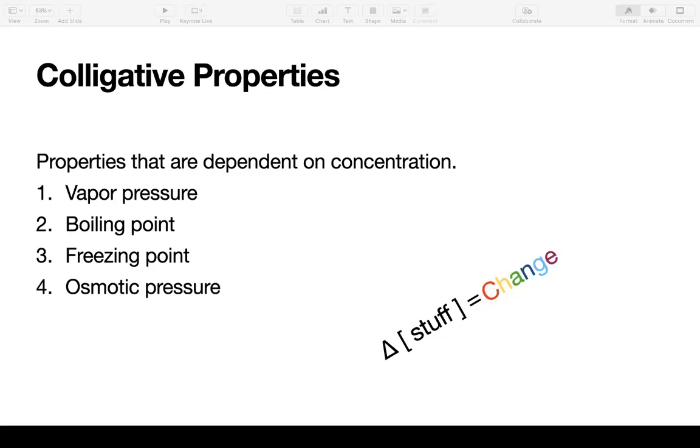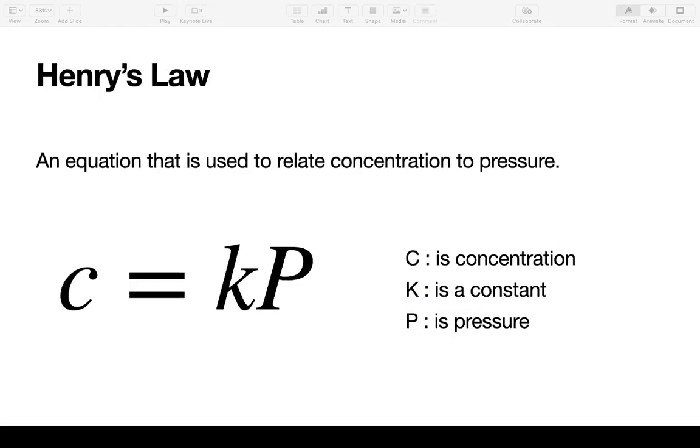Wow, very beautiful. Henry's law is an equation that is used to relate concentration to pressure. C is our concentration, K is a constant, and P is pressure. If you ignore the K, you can see C is equal to something times P. So they are directly related.